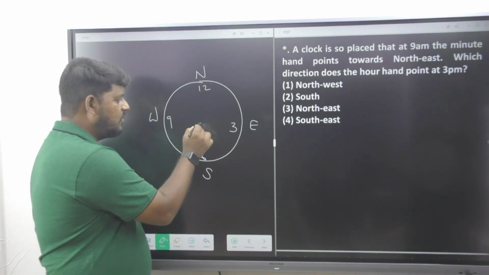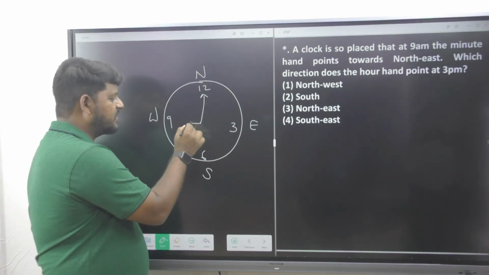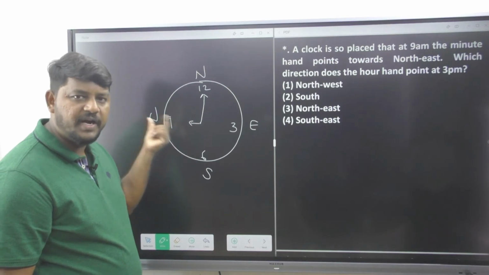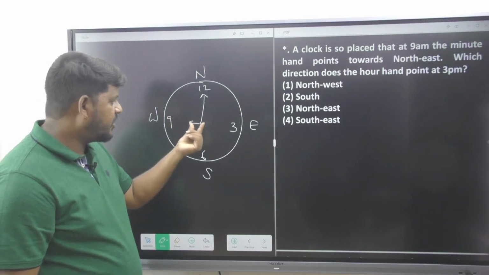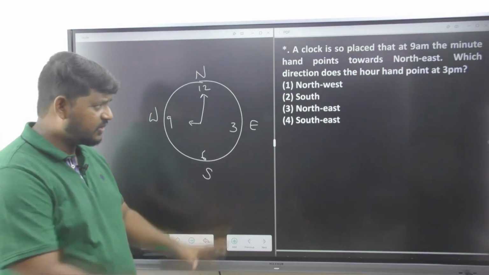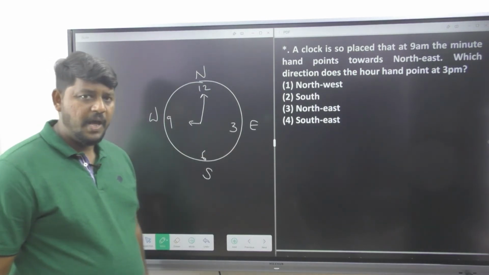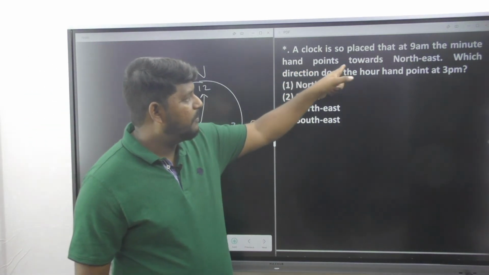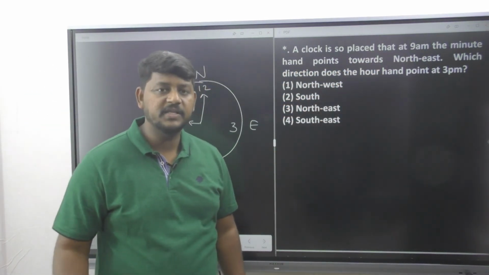Now please observe, 9 a.m. or p.m. doesn't matter. At 9 o'clock you are going to observe the hour hand towards the west direction, and you are observing the minute hand towards what direction? North direction. Correct? The question is going to be in this way, but your examiner is asking us to assume that the minute hand is pointing towards what direction?